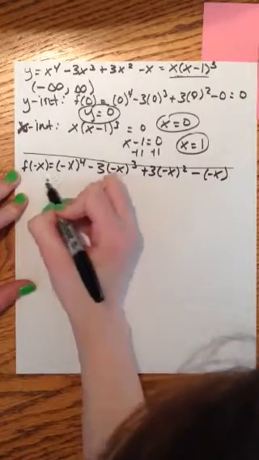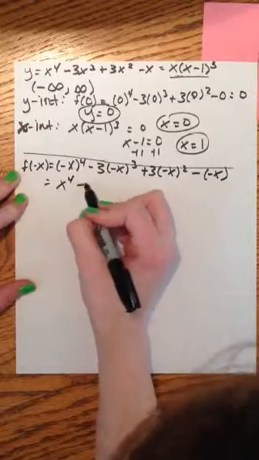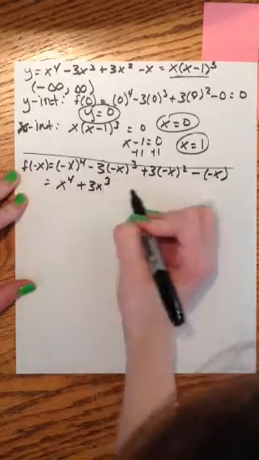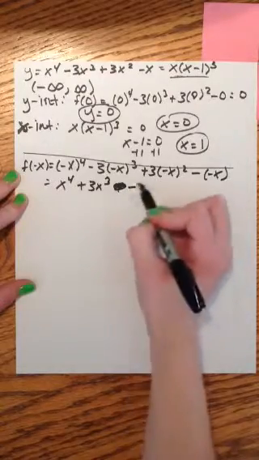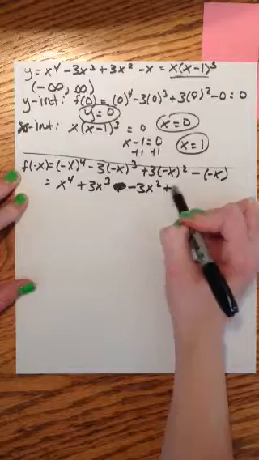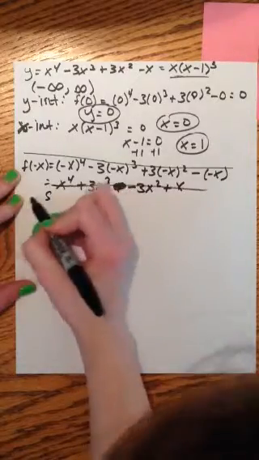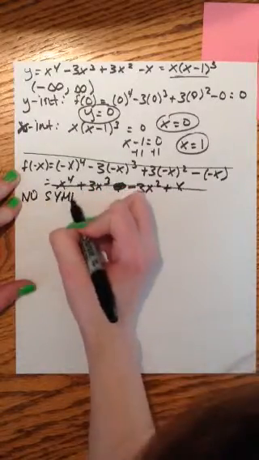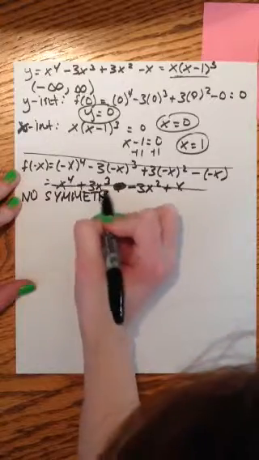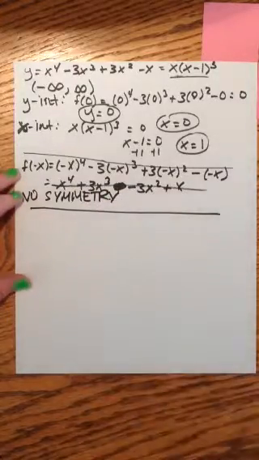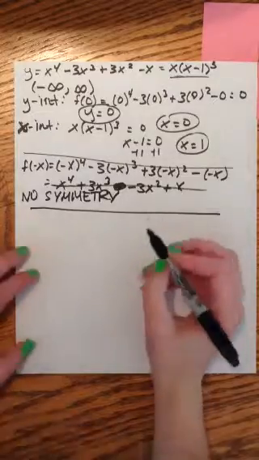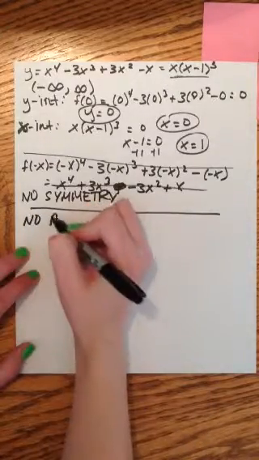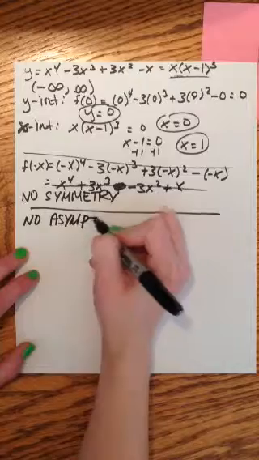That gives us x to the fourth plus 3x to the third minus 3x squared plus x, which is not the same equation, so there's no symmetry. Next thing we're going to do is find if there are any asymptotes, but this is a polynomial, so there are no asymptotes.